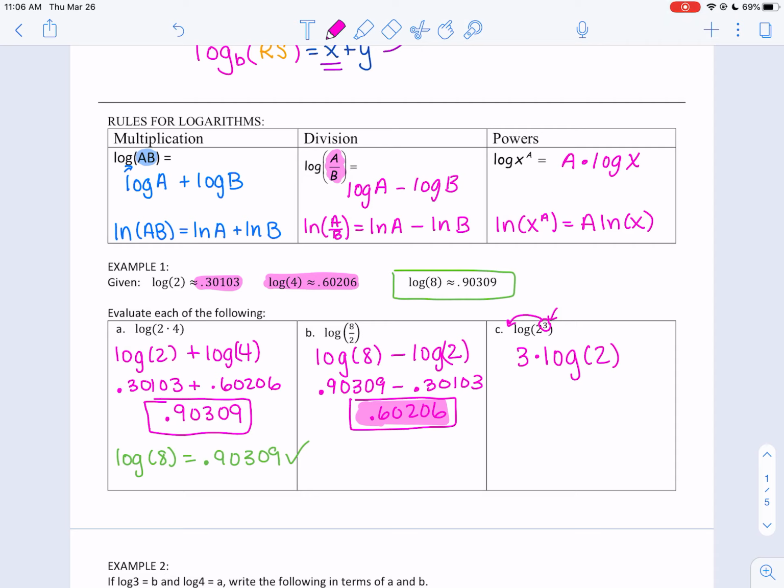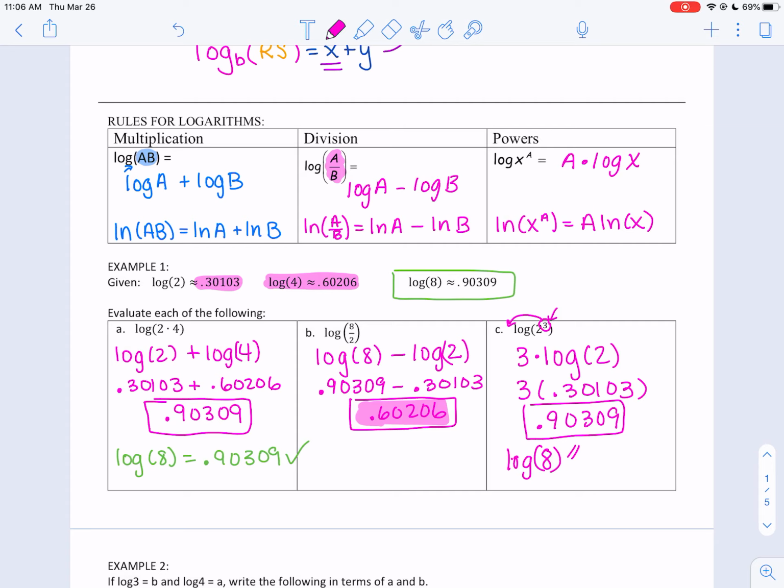The given value for log 2 is approximately 0.30103. If we take that expression and we multiply it by 3, we get 0.90309, which, hey, that's the same as log 8, right? 2 to the third is equal to 8. They're exactly the same.